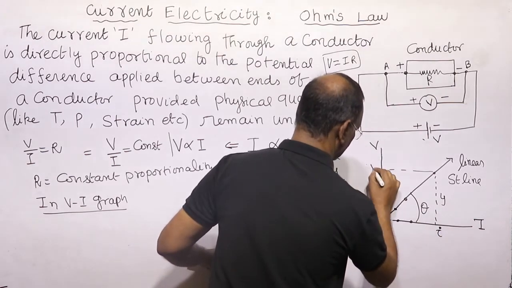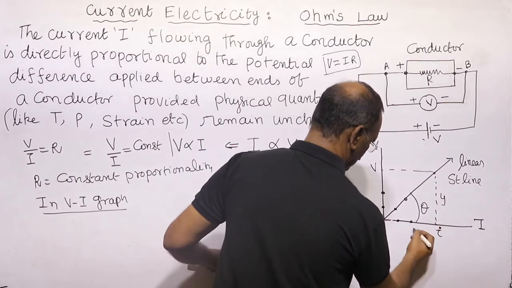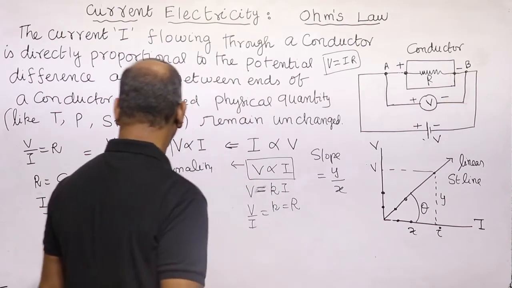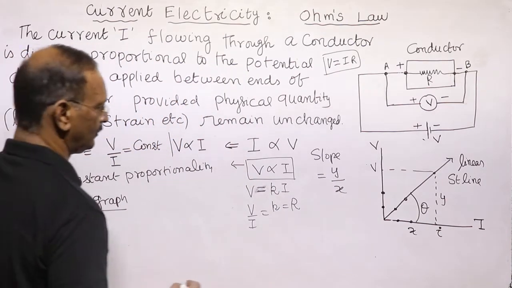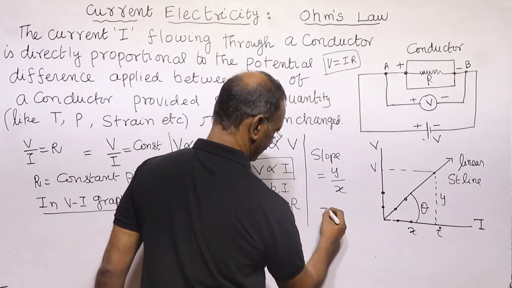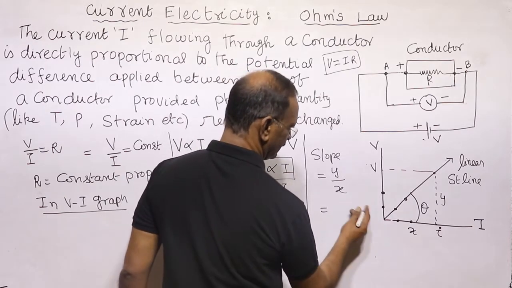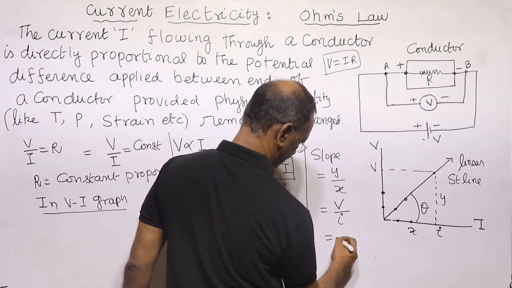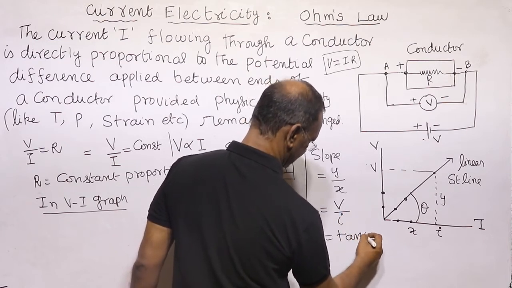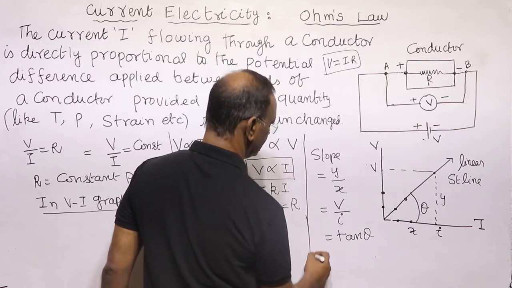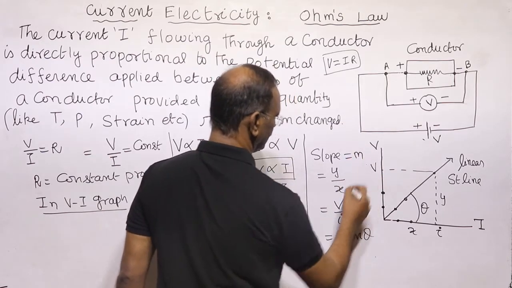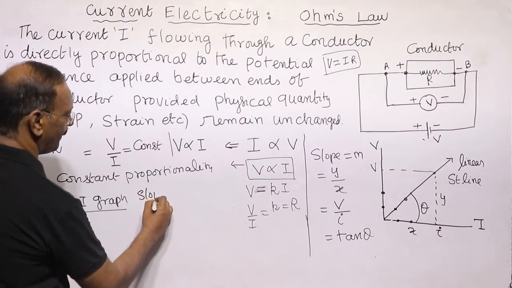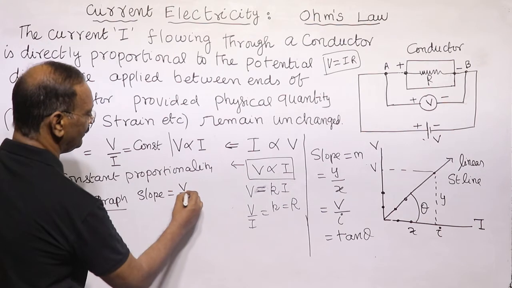In this triangle, slope is y by x, which is also tan theta, and slope is represented by m. So in the VI graph, slope is equal to V by I.